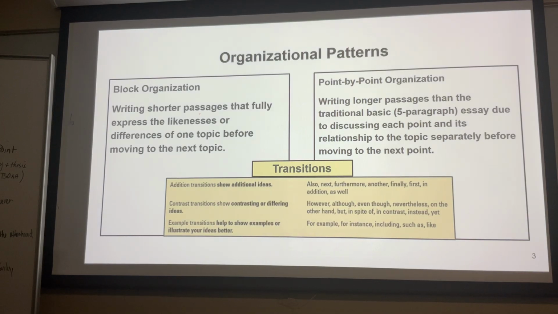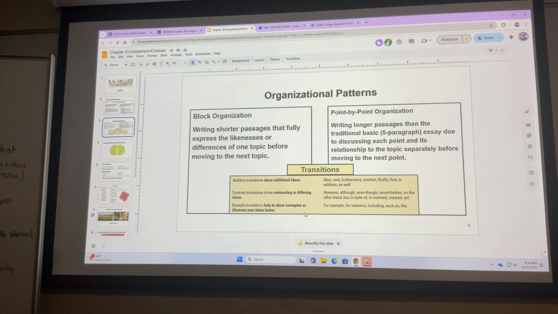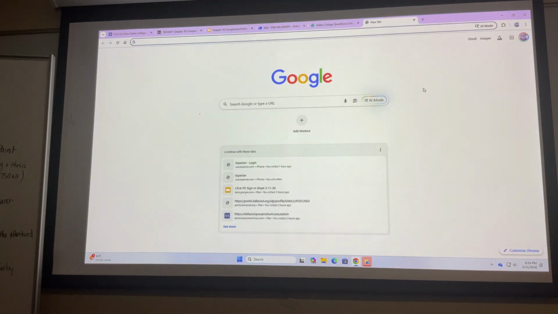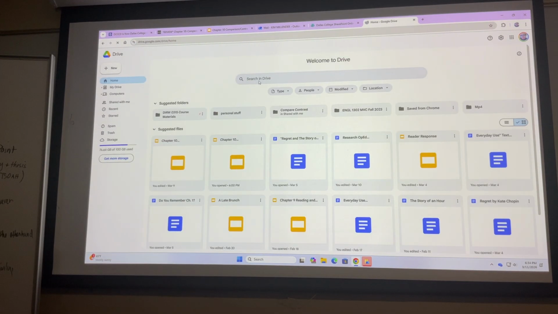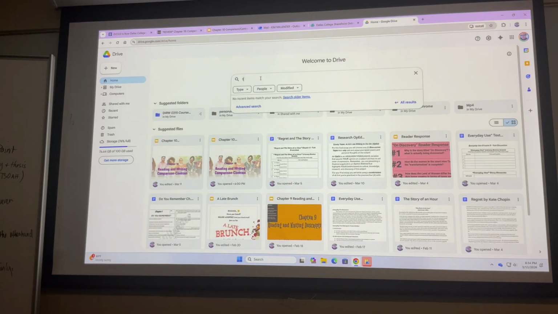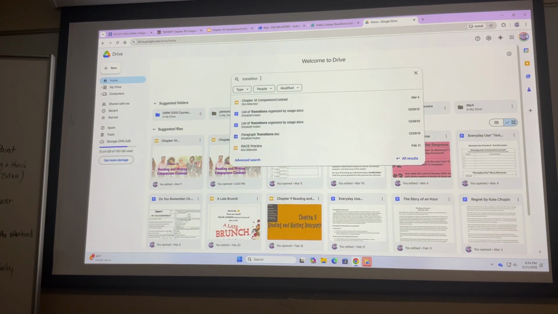Okay, so, hold on. Let me go over here just to check and see if I have it in here. Transition.